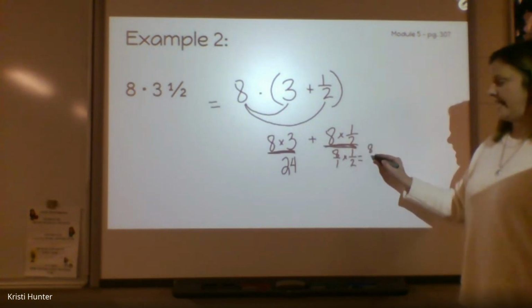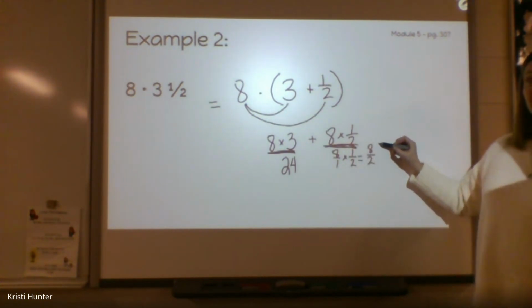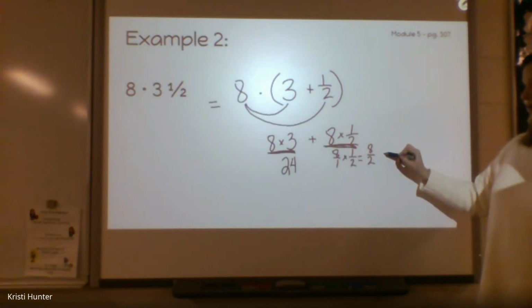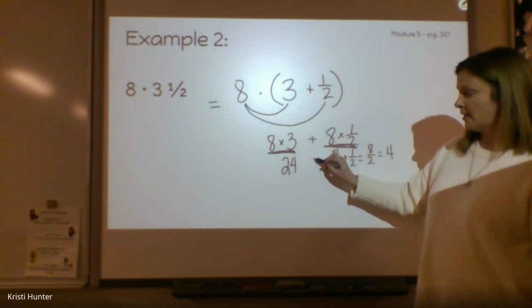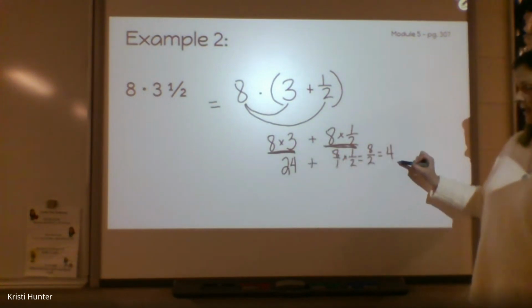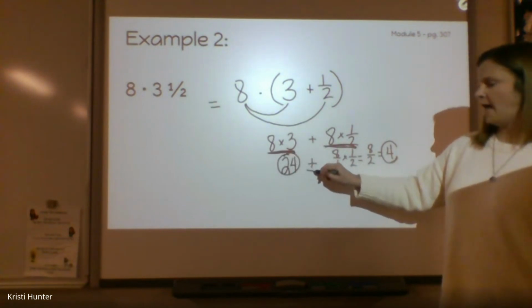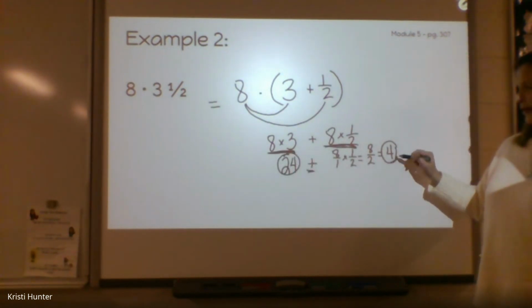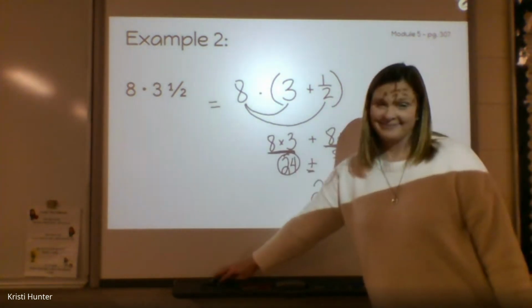So I just get 8 over 2. Simplify. 2 goes into 8 4 times. So I have 24 plus this 4 now. 24 plus 4. And that would give me the answer of 28.